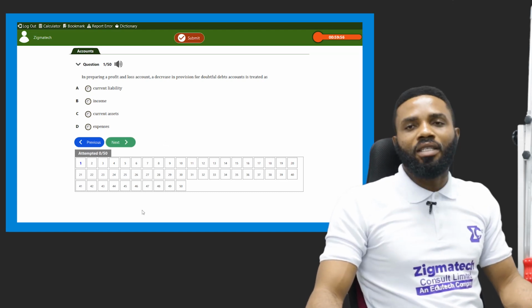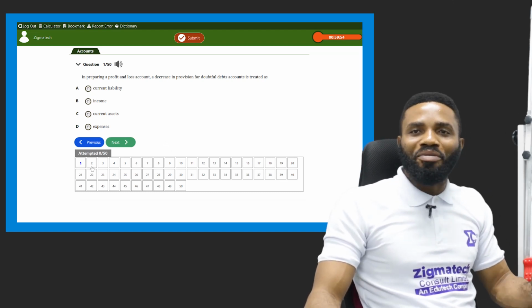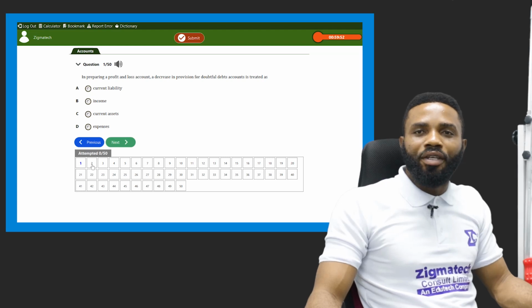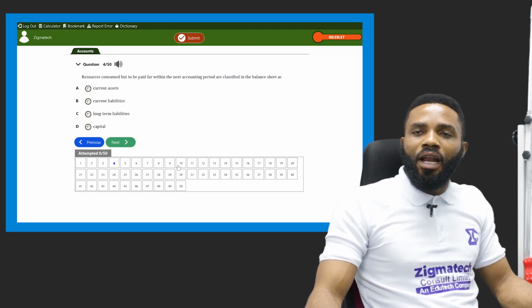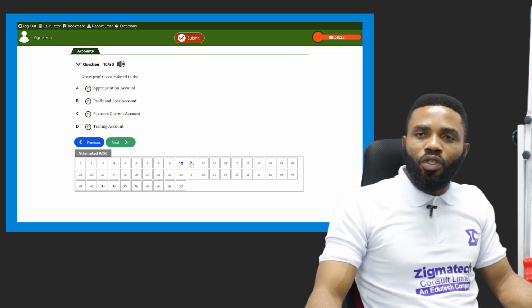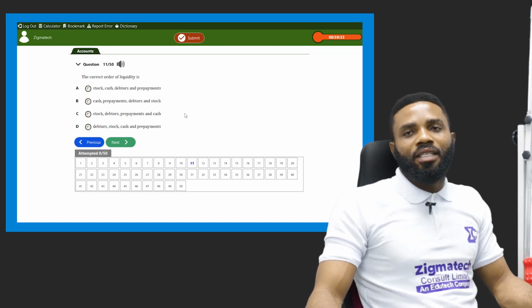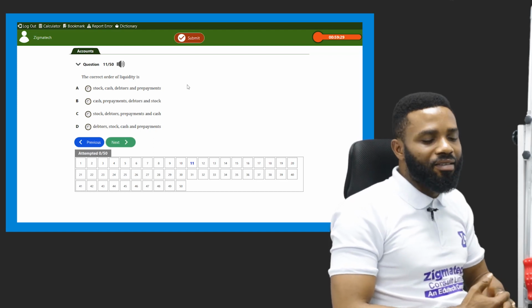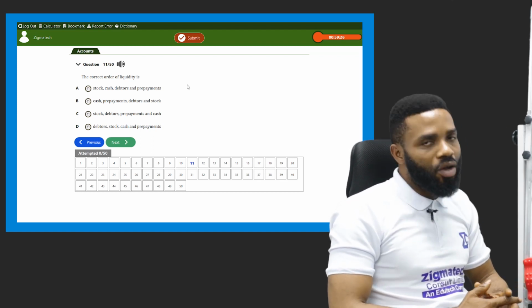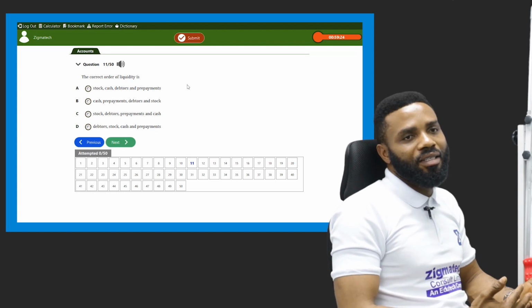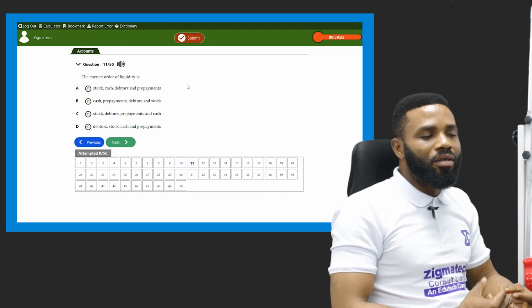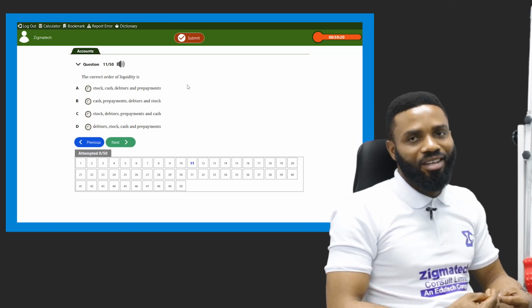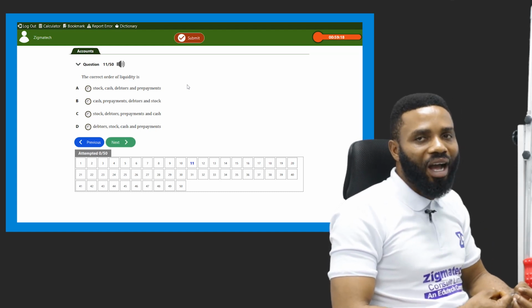Now let's look at a question that relates to what we are doing. All right, let's look at this one. They say the correct order of liquidity is dash. When we talk about liquidity, we are talking about assets that have the tendency to be converted into cash.